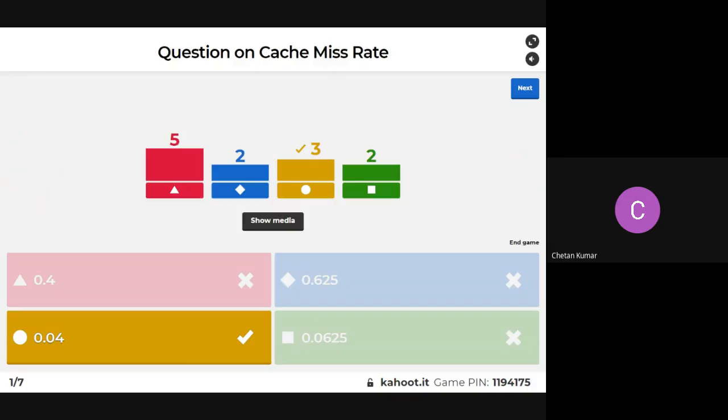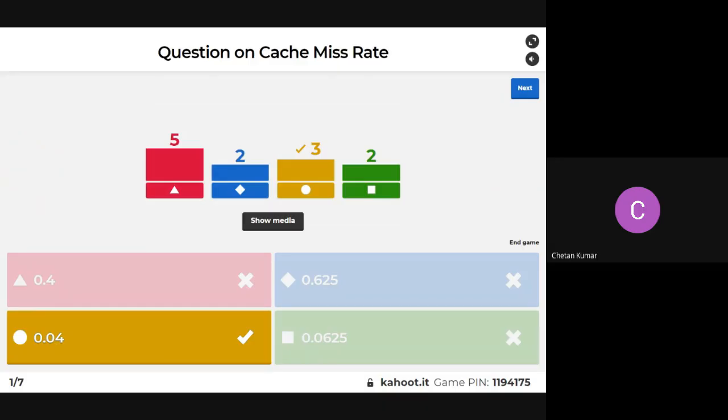Okay, so three of them have answered correctly. Again, one miss every 25 instructions. So assuming 100 instructions, you have to check how many misses there will be. That will be five. Five misses per 100 instructions.